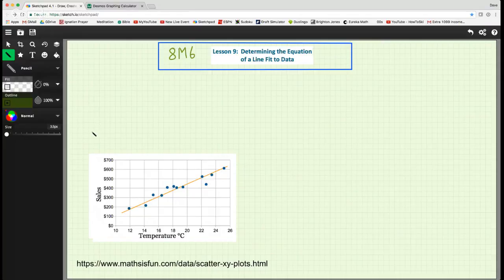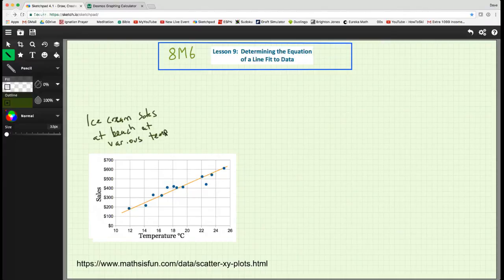And so this is the ice cream sales at beach at various temperatures.